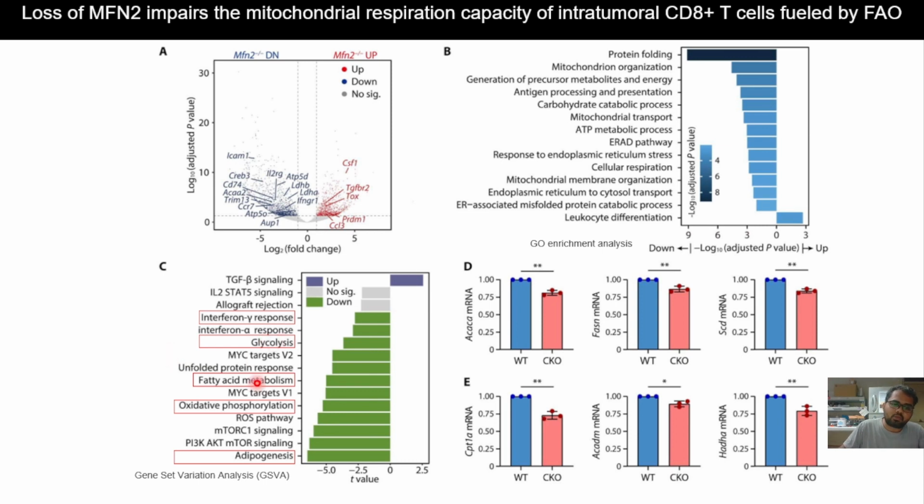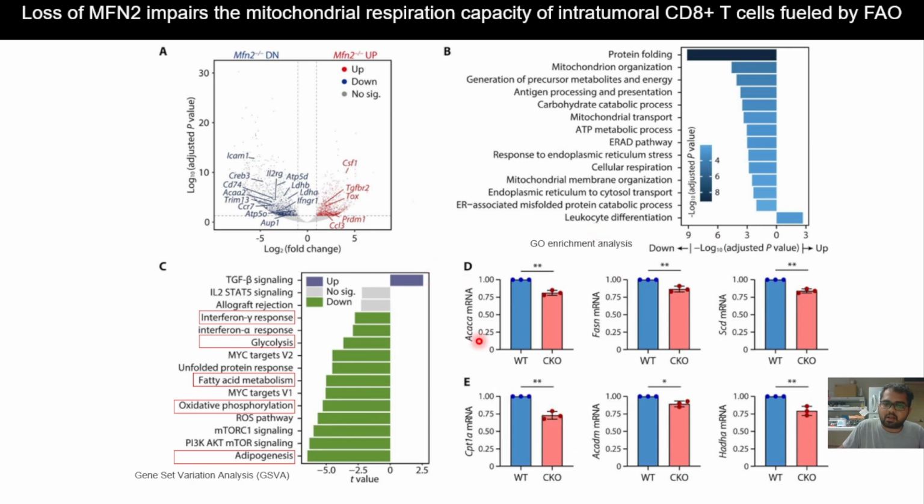Glycolysis also goes down, fatty acid metabolism goes down, and oxidative phosphorylation goes down. Adipogenesis also goes down, which represents the de novo synthesis of fatty acids inside the cells. They use markers like FASN, and CPT1, which we will talk about later and which transports fatty acids inside the mitochondria, and that is also going down.